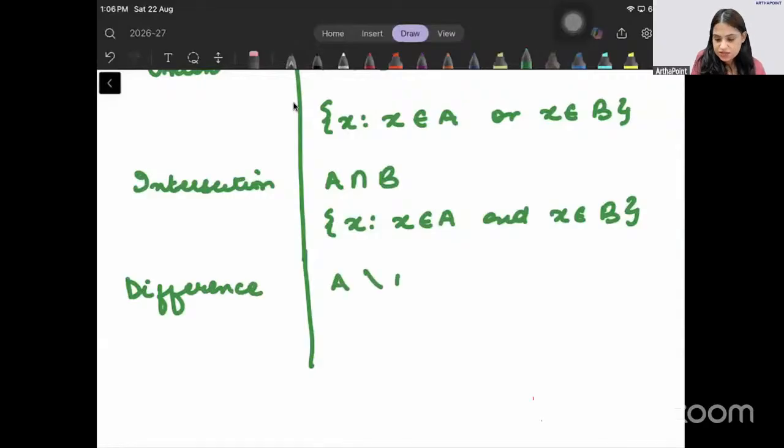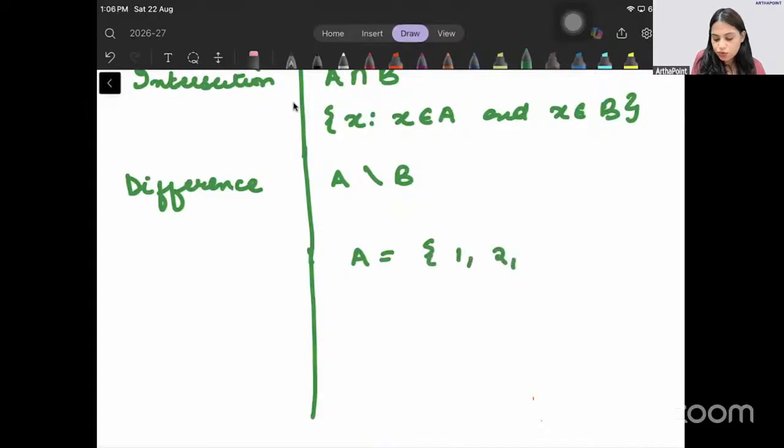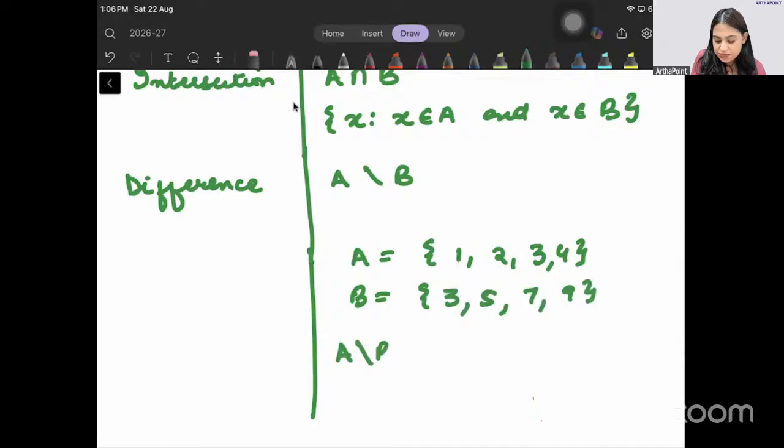A minus B. A minus B means from A, I will remove the elements of B. Like if A is {1, 2, 3, 4} and B is {3, 5, 7, 9}. So A minus B means whatever elements of B are in A, remove them. So what element of B is in A?